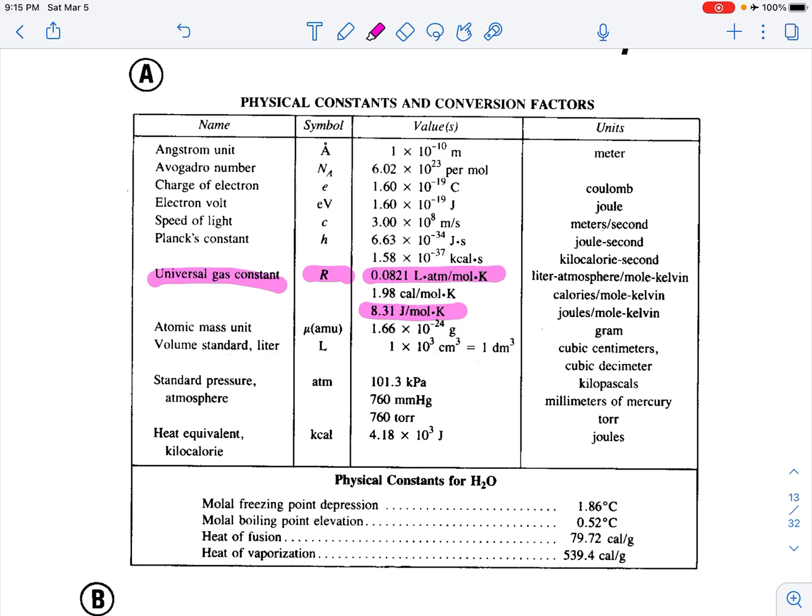Now, there's also calories, but we don't use calories. We've been using joules. So here we have the liters atmosphere, and this one is the kilopascal. I would not be using the calorie one because we're using joules for our heat.